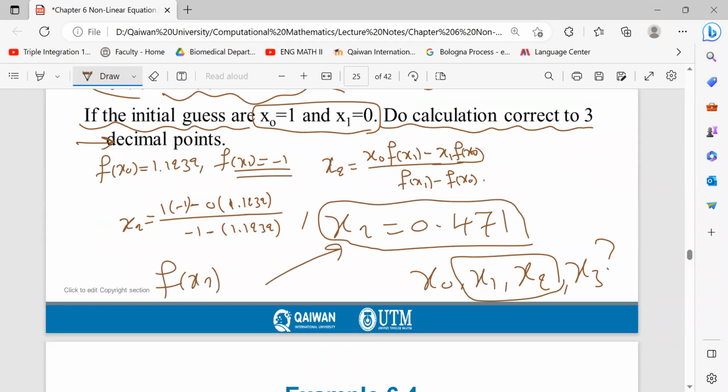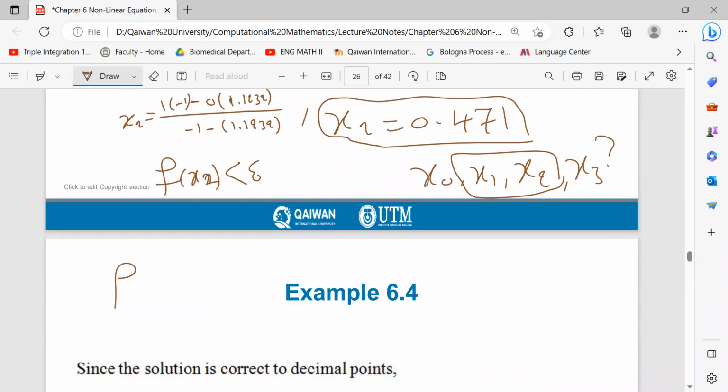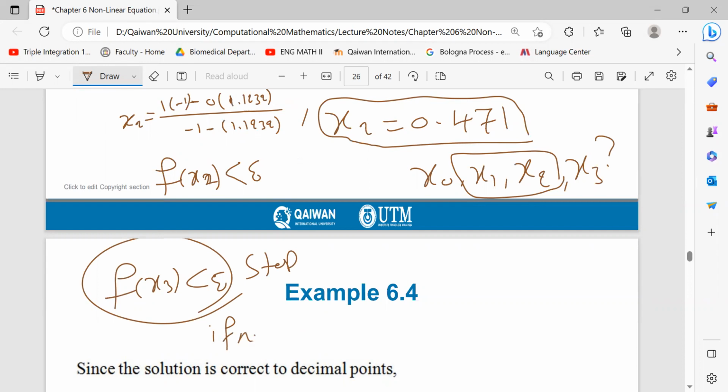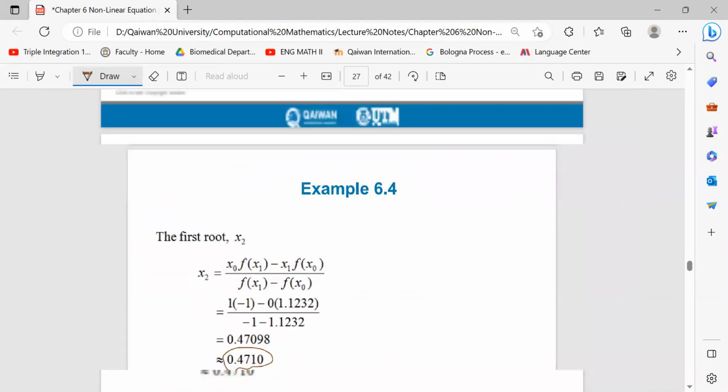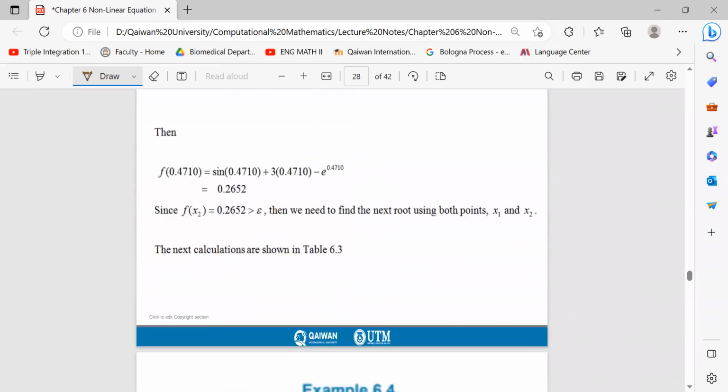If f of x2 is less than epsilon, we stop. If not, we continue. Then we find x3. If f of x3 is less than epsilon, we stop. If not, continue.